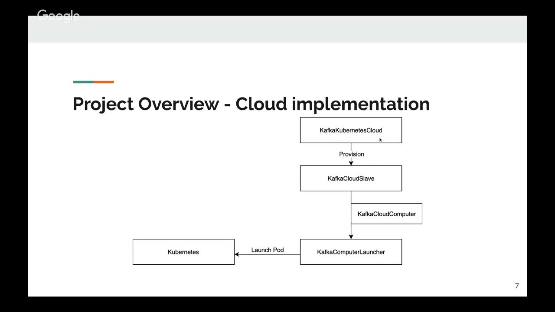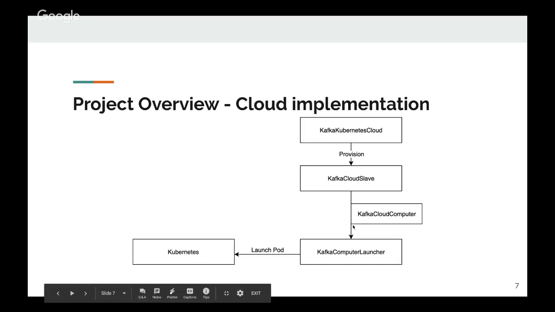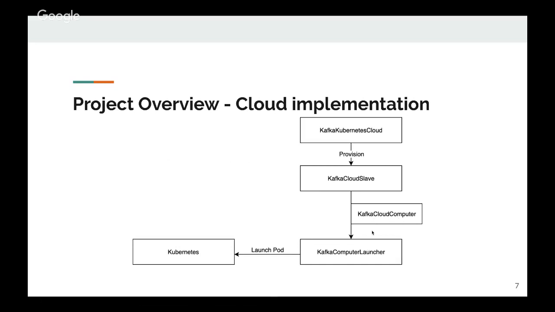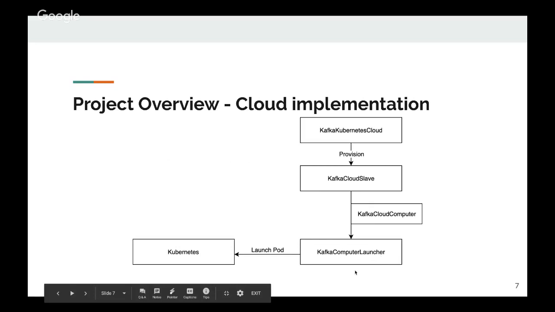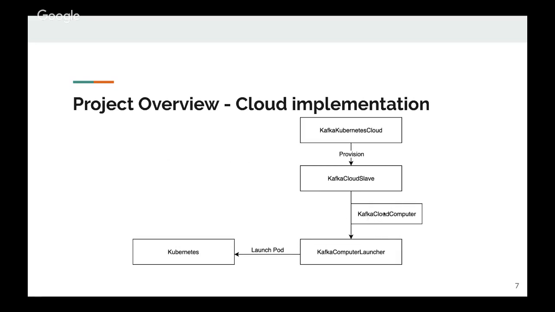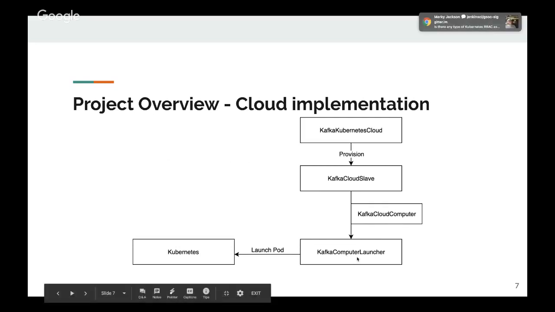This Kafka Kubernetes cloud will provision a new node, which is a Kafka Cloud Slave, and the Kafka Cloud Slave will launch a Kafka Computer Launcher with an instance of a Kafka Cloud Computer. Kafka Computer Launcher is a launcher from version 1, but I have extended it so that if the computer is an instance of Kafka Cloud Computer, besides launching a slave, we will also use the Kubernetes API to launch a pod on the Kubernetes cluster.